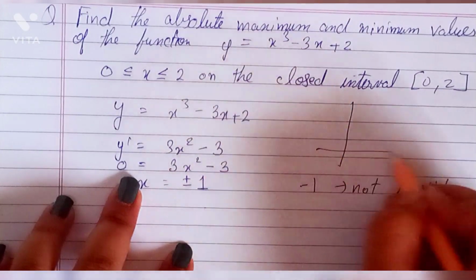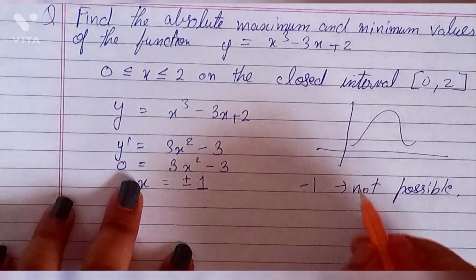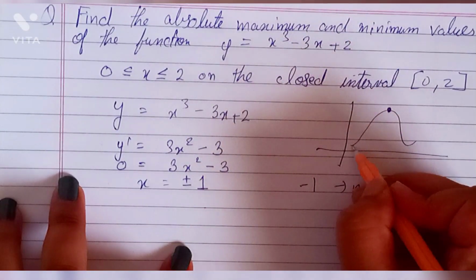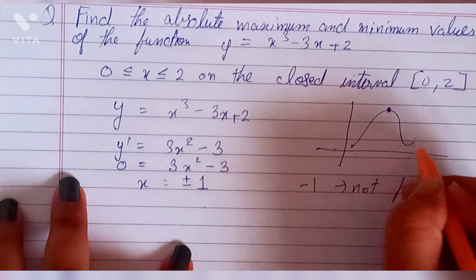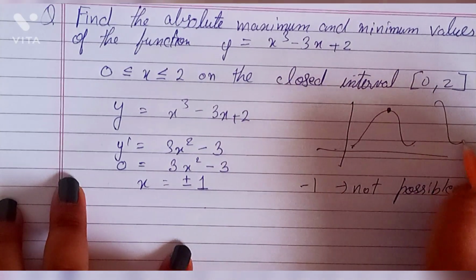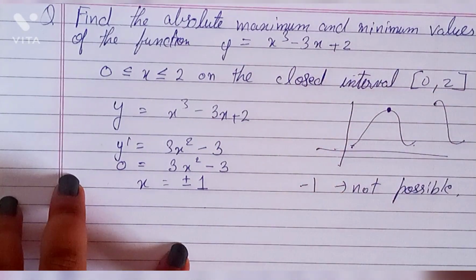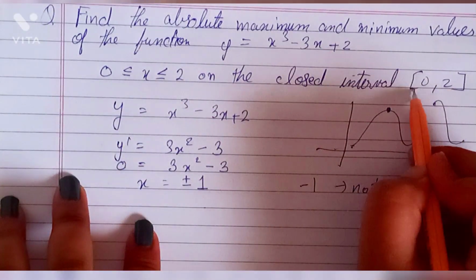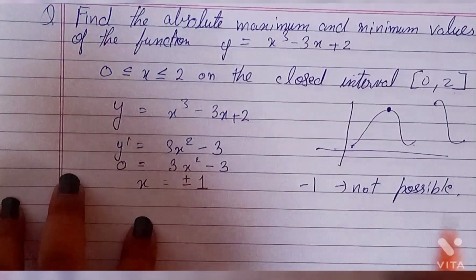If you see the graph, something like this, we are checking at these points, but we didn't check at the end points yet. So it might be a minimum, it might be a maximum. We don't know that now, so for that we need to check at the end points also. So we'll check at the end points as well as at the turning points.